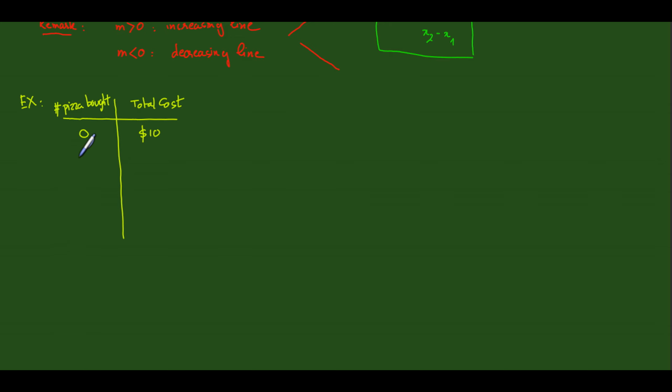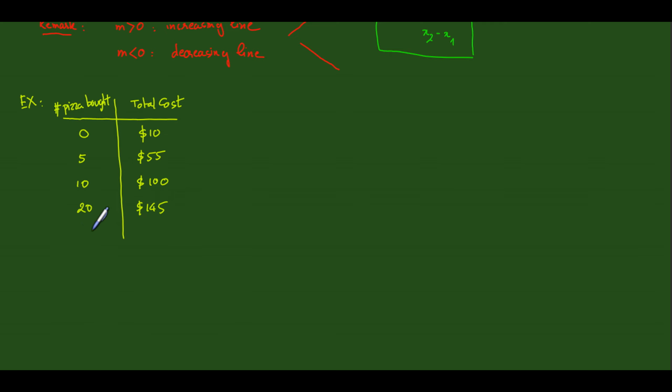Okay, so if we buy 5 pizza, then the cost is $55. And if we buy 10 pizza, then the cost will be $100. And if we buy 20 pizza, then the cost will be $145.